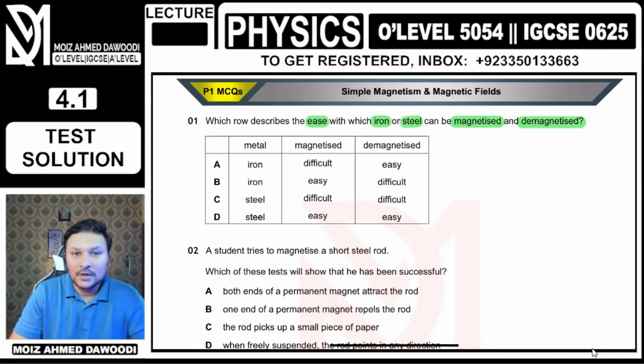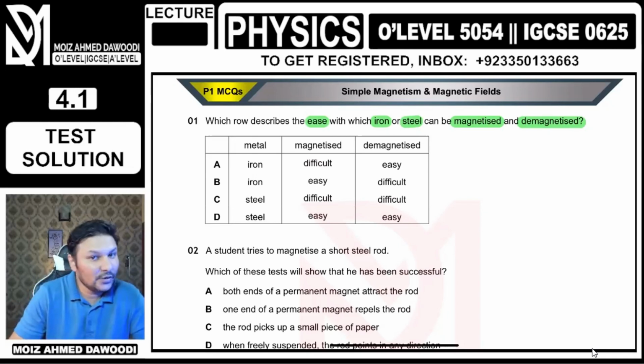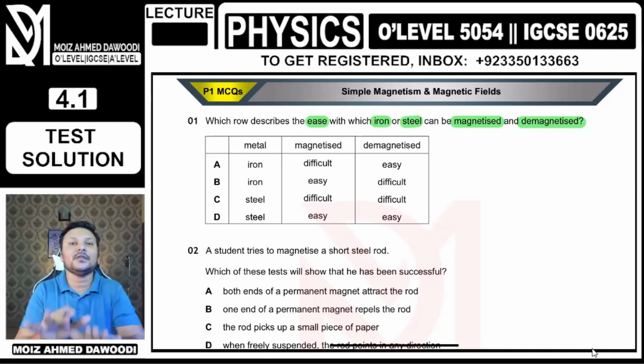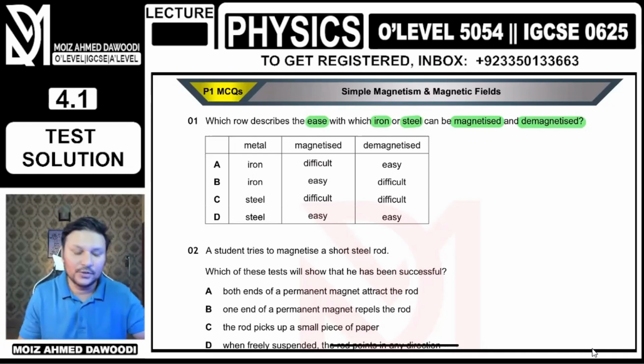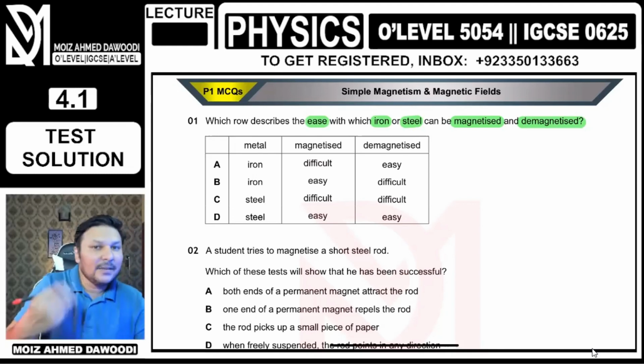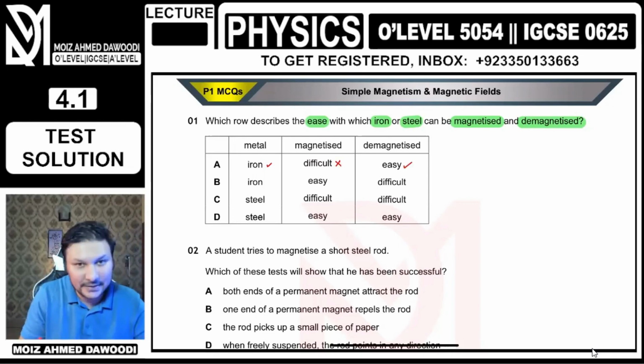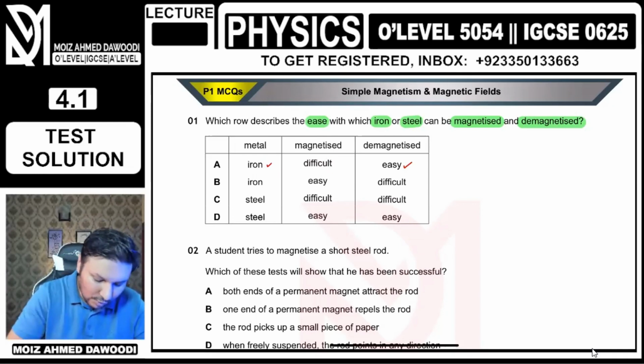This question is asking that you need to tell whether iron is easy to magnetize or easy to demagnetize, or hard to magnetize or hard to demagnetize. So let's break this question down into several steps. For example, I'm talking about iron. Iron is not difficult to magnetize, very easy to magnetize and easy to demagnetize. So option A can't be correct because this part goes wrong.